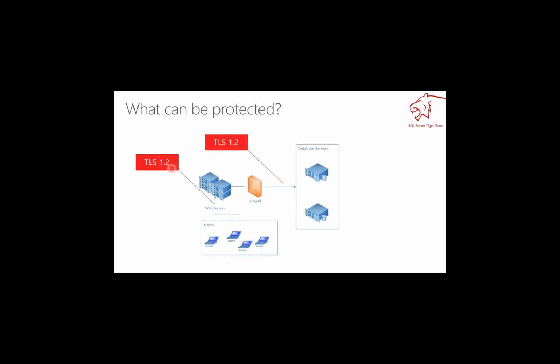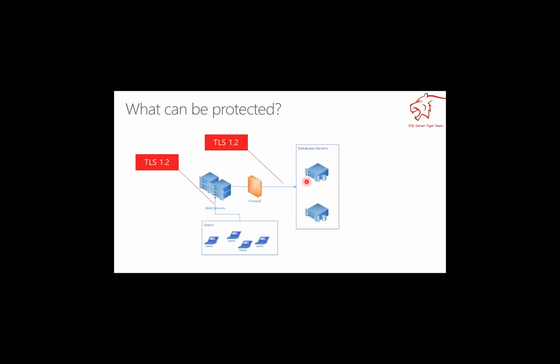Now, you can use TLS 1.2 to encrypt the communication between your users and the web server. But if your SQL Server, which is a database server, did not understand TLS 1.2, you would not be able to use TLS 1.2 for the next phase of communication, which is between the web server and the database server.